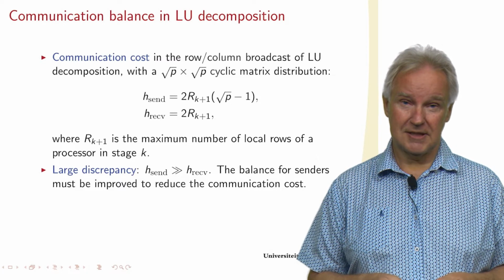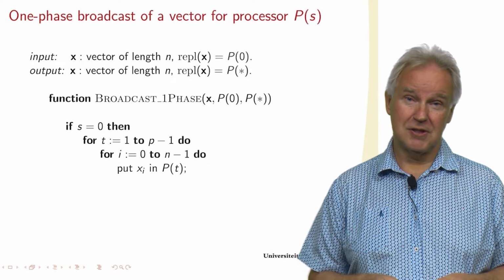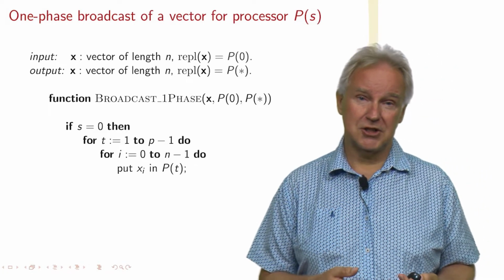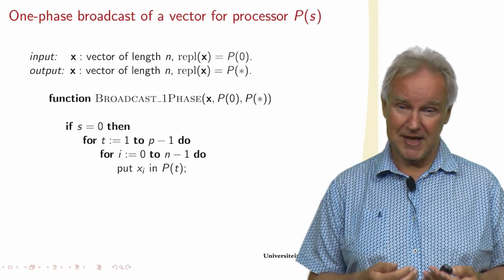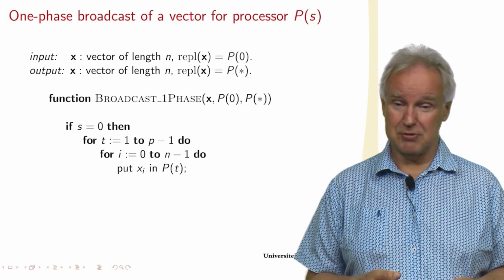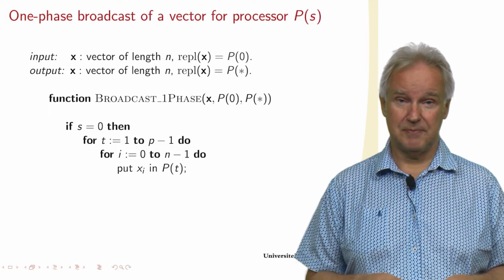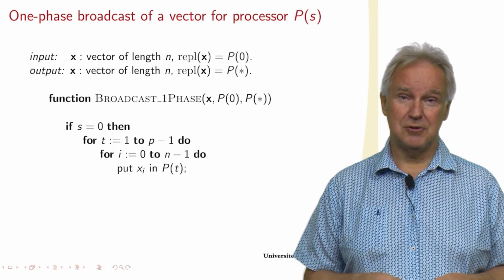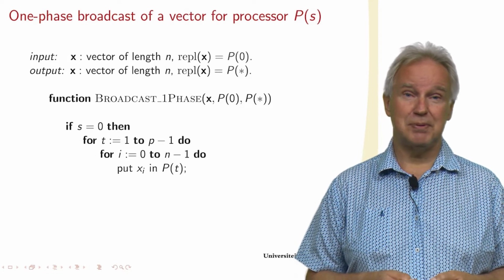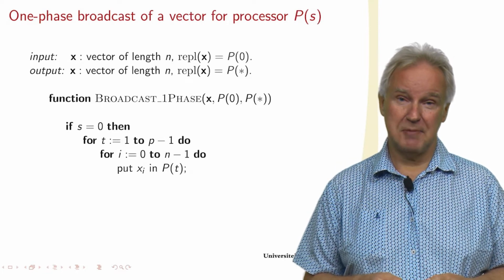A technique to do that is two-phase broadcasting, and what we have done so far was one-phase broadcasting. Here's the problem, not for LU decomposition, but for a simple situation where we have a vector x of length n that is available in processor 0, and we want it to be available in all processors. The straightforward way is to write the algorithm for processor PS, because we are always processor PS in the one-dimensional numbering.